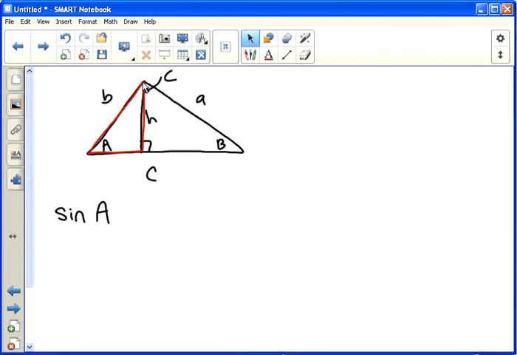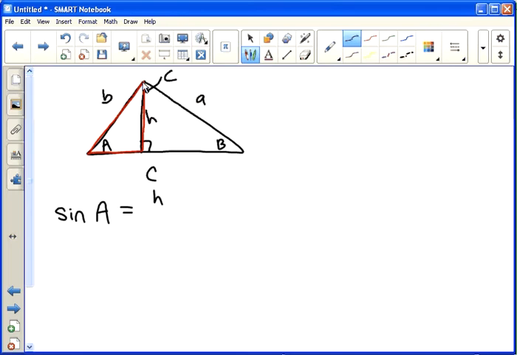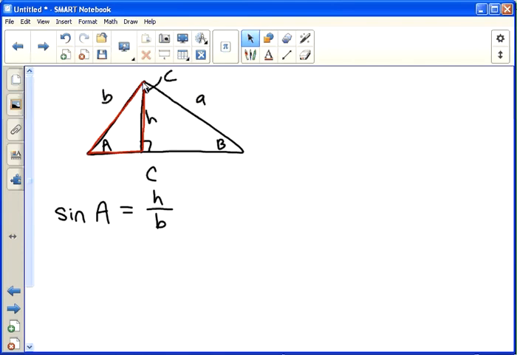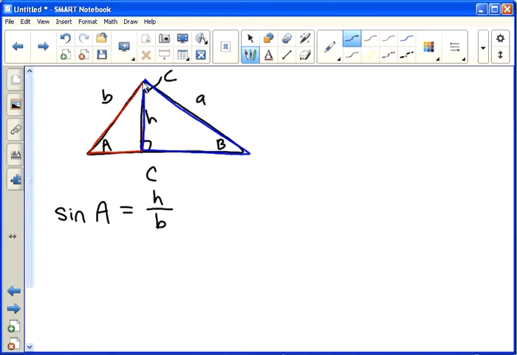Sine of A is equal to the opposite side, which would be H, over the hypotenuse, which would be B. Sine is opposite over hypotenuse, so that's H over B. Now let's consider the other triangle that we created, this one right here. For this one, sine of B equals opposite, which is H, over hypotenuse, which is A.